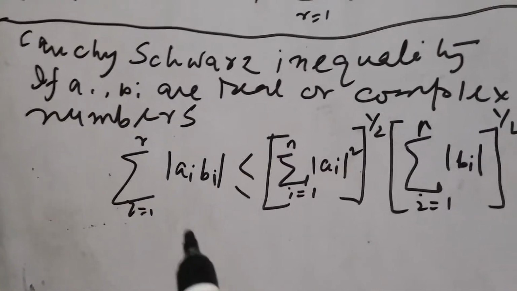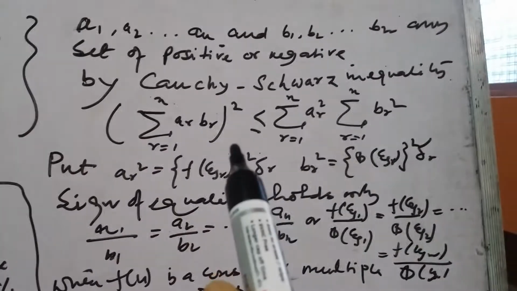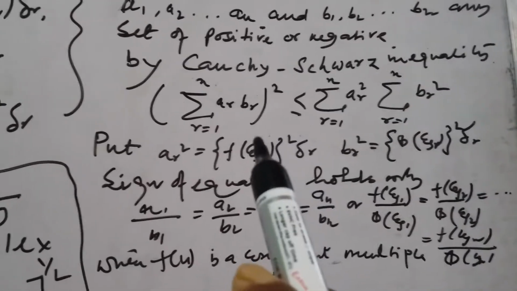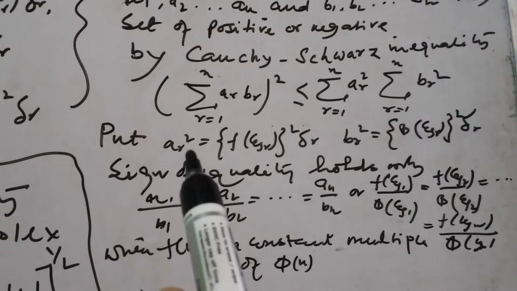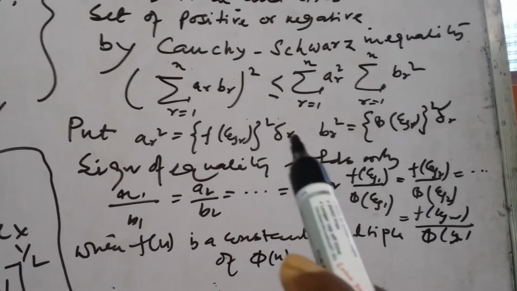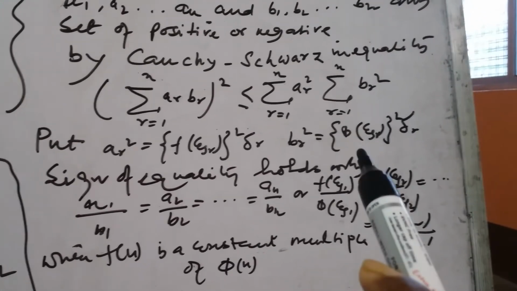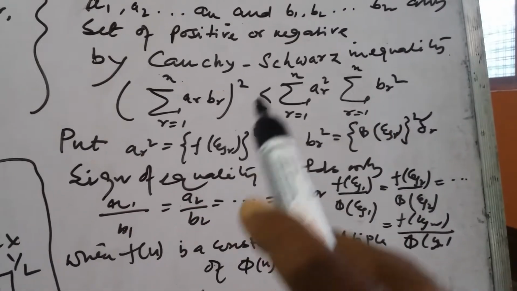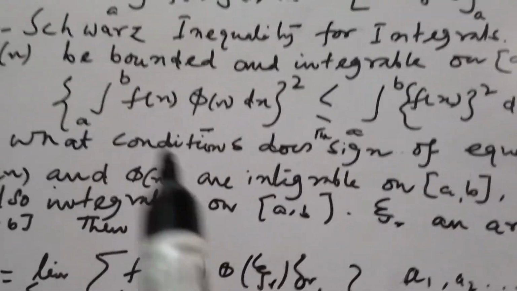Put a_i squared equal to this delta_r and b_i squared equal to this; if you put this, you get this result.